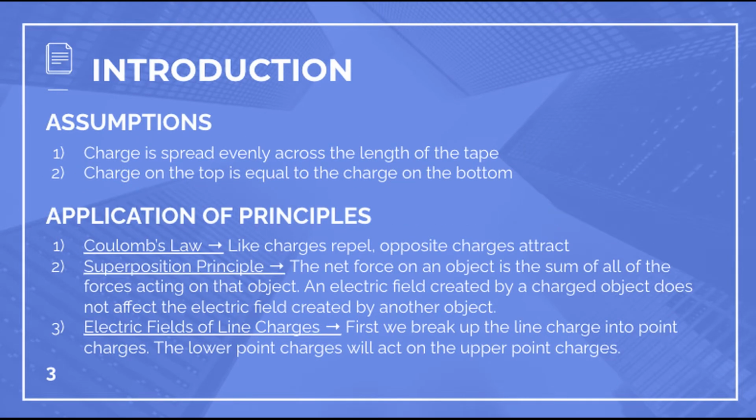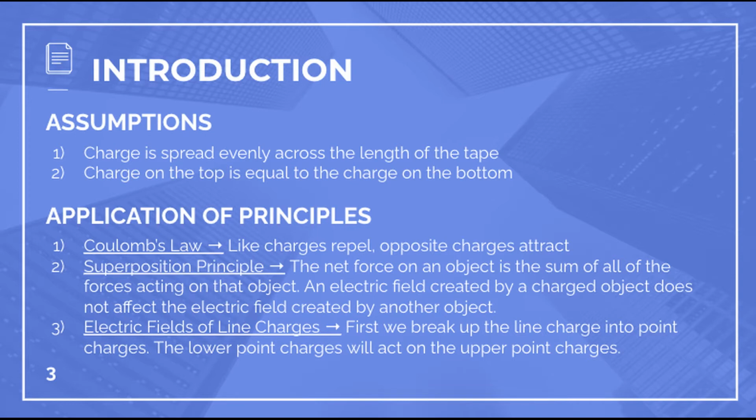Some assumptions that I made for this lab. The first one is that charge is spread evenly across the length of the tape. And the second one is that charge on top is equal to the charge on the bottom of the two tapes. As for the application of the principles, Coulomb's law says that like charges repel and opposite charges attract.